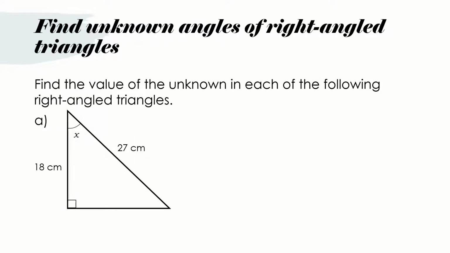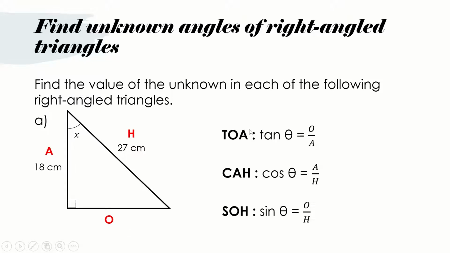Alright, find the unknown angles of a right angle triangles. So you need to find the value of the unknown in each of the following right angle triangles. So you got to find X. So first you need to label A, O and H. So to recap, H will mean the hypotenuse, A will be the side adjacent to the unknown angle, and O will be the side opposite of the unknown angle, X. So we learn about Toa Cah Soh.